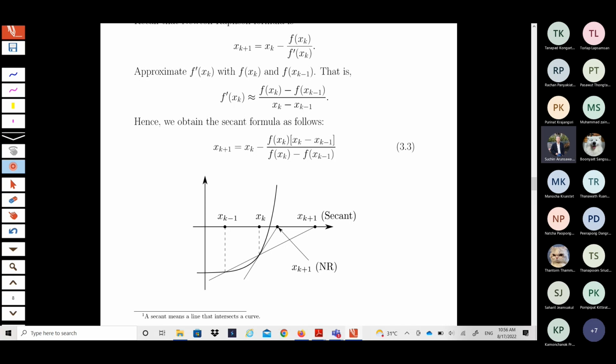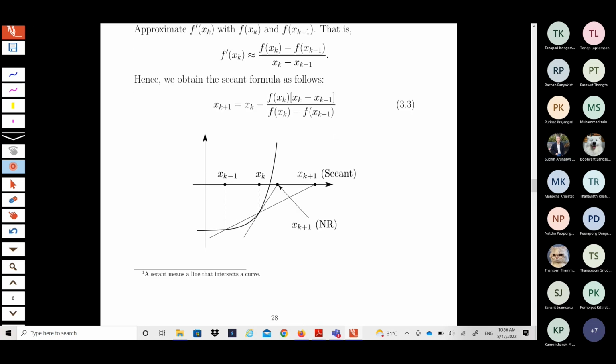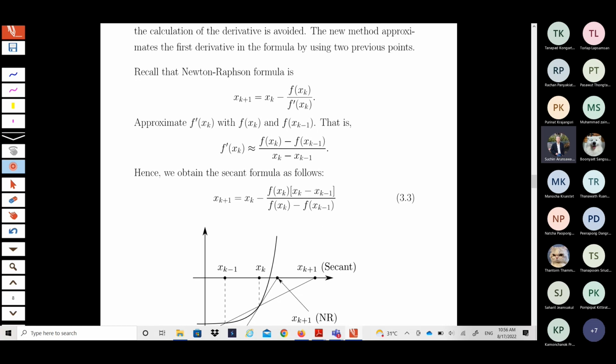It can converge or it can diverge, depending on the initial point. But when it converges, it is very fast as well, just a little bit slower than Newton-Raphson.